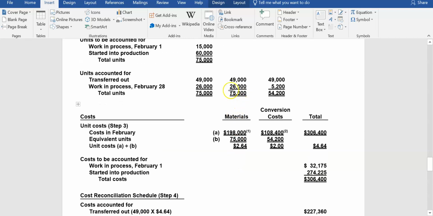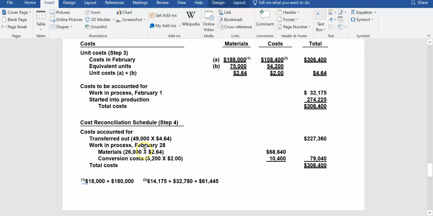26,000 equivalent units with respect to materials in ending work in process times the cost per equivalent unit for materials. 68,640 needs to stay in work in process for the material cost.